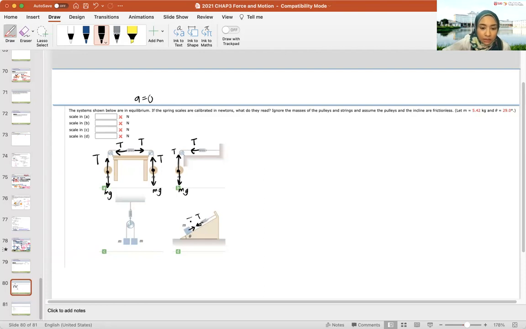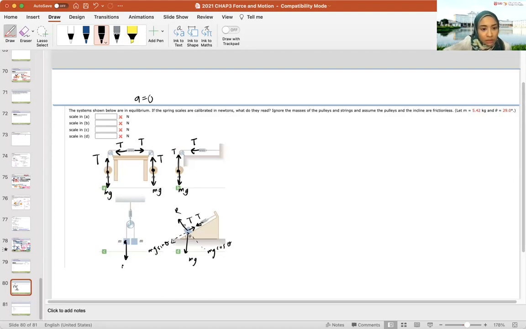This guy has the same tension, R, mg. And then we are going to assume it's trying to slide down here because kita punya komponen mg ke sini. Mg cosine theta, and then this is mg sine theta. What else? We should have a friction, or if we are assuming it's frictionless, then there's no friction. Boleh juga. Soalan dia tak spesifik.